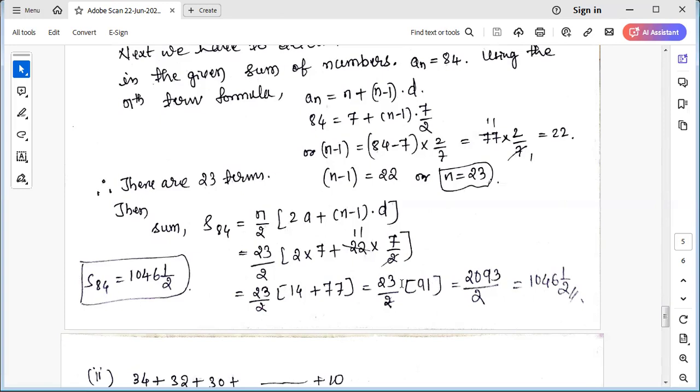And now 91 into 23 is 2093, divided by 2, or we can write this in mixed fraction form as 1046 into 1 by 2, because 2 into 1046 is 2092. This plus 1 we have to make, so that gives 2093. So this is converted into a mixed fraction. So this is the answer.